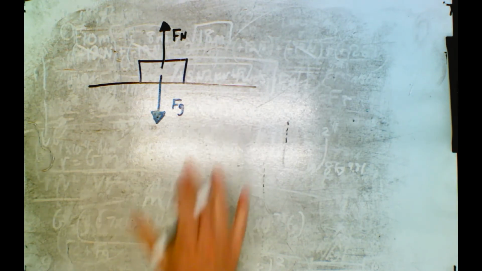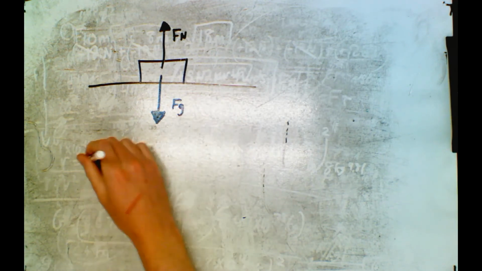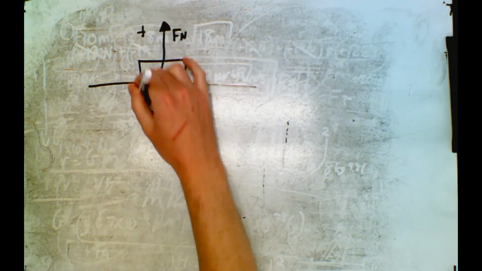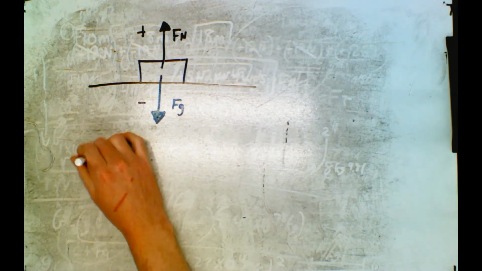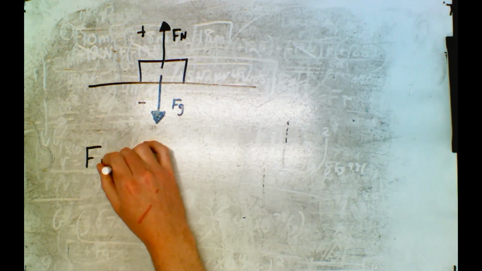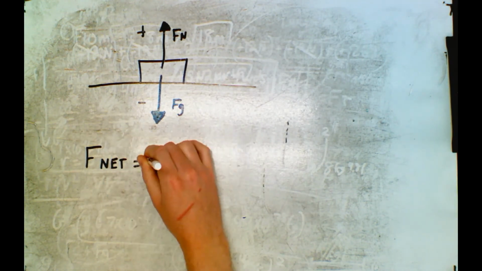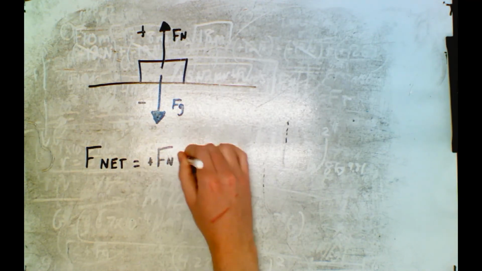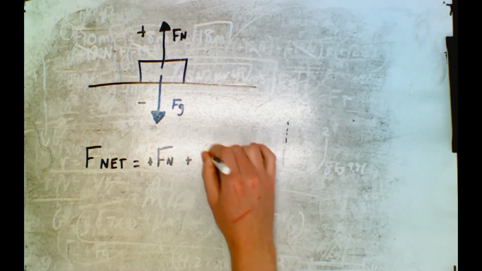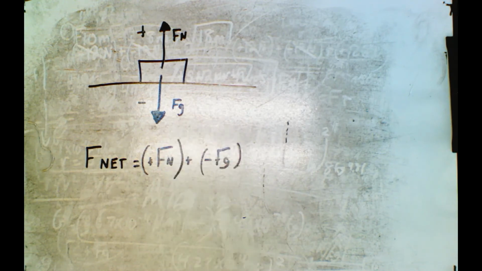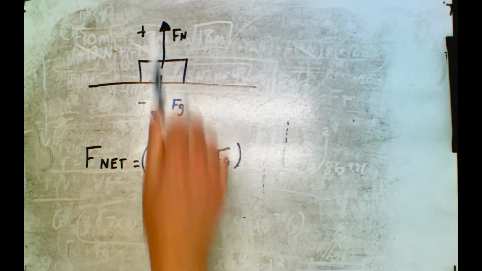So now that I've done that, I can write an FNET equation. I'm going to make up positive and down negative. So I write FNET is equal to my positive force normal plus my negative force of gravity. Now, think about this. What is our FNET in this? When I add this plus this, what am I going to get?